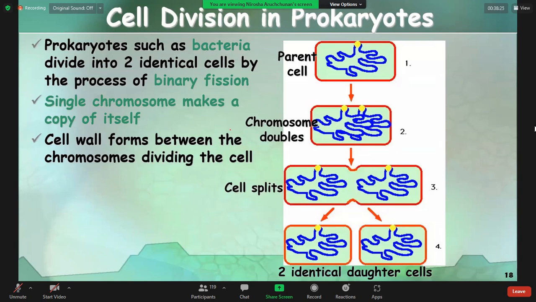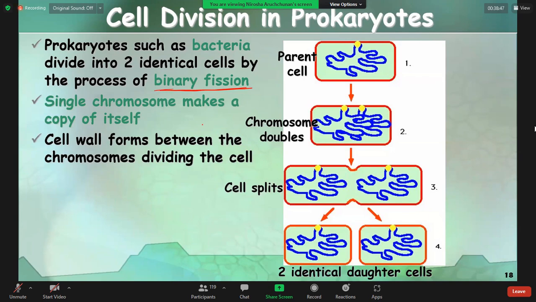Here, the bacteria divide into two identical cells by the process of binary fission. We have discussed this earlier, right? Bacteria produce two identical cells by binary fission.